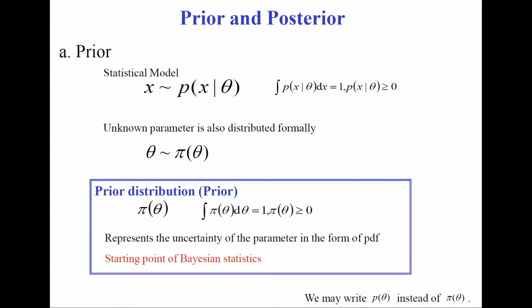Now let's introduce prior distribution. This is a starting point of Bayesian statistics. For a given statistical model, we introduce a probability density of the unknown parameter theta, which is denoted by the Greek symbol pi here. Pi of theta, which is a probability density of theta.